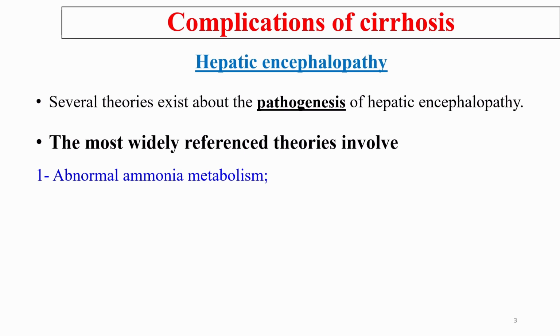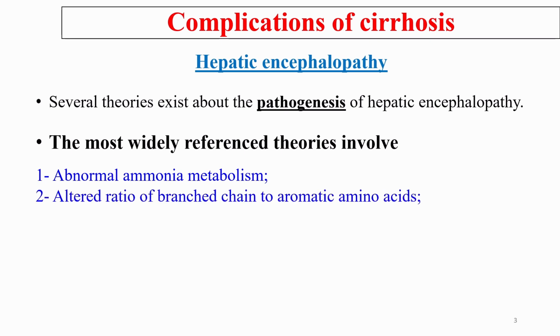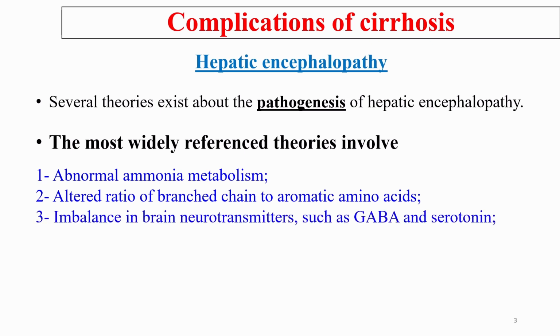It causes astrocyte swelling, disrupting brain signaling. Other contributing factors: imbalance in amino acids, for example, low branched chain amino acids. Increased inhibitory neurotransmitters like GABA. The brain becomes poisoned by substances that the healthy liver would normally detoxify.